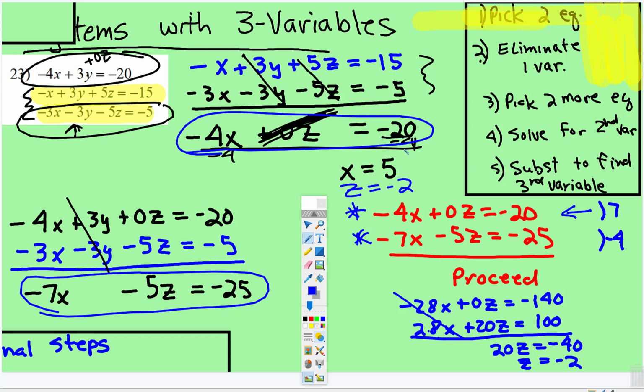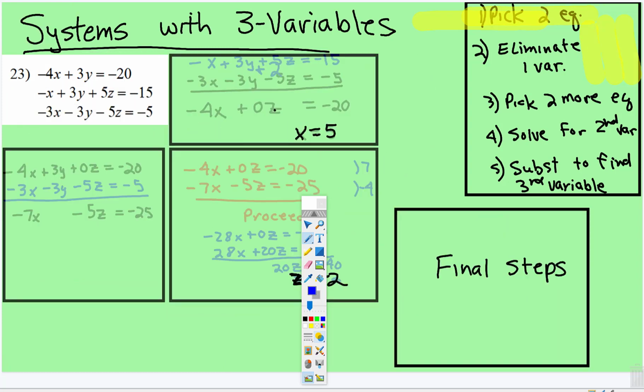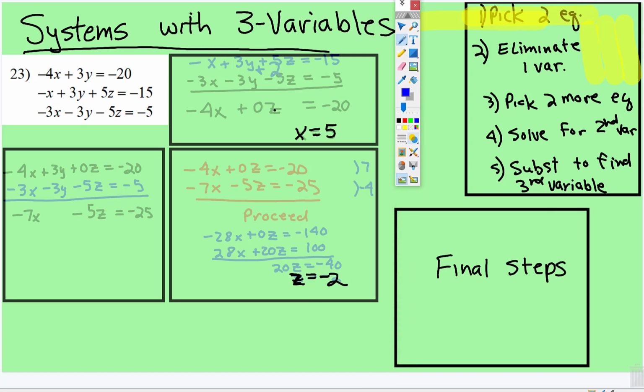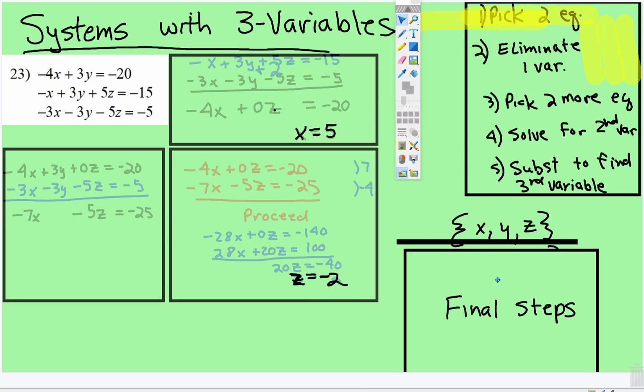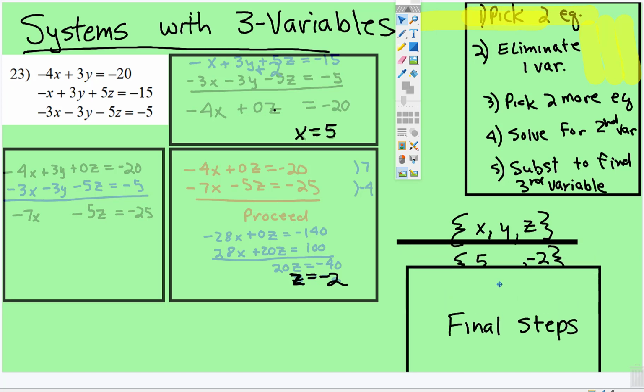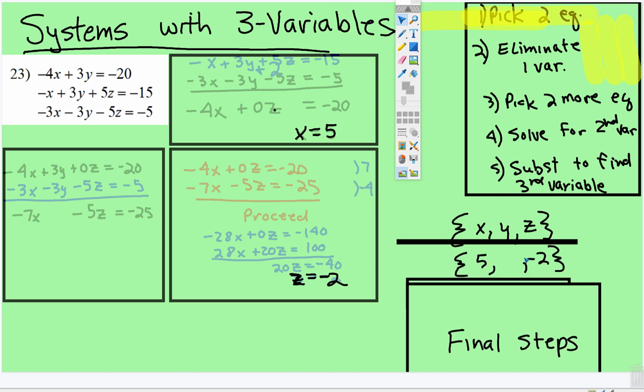And now that we have two of the variables, I'm going to come over here. So we've done all this stuff. Now that we have two of the variables, of our x, y, and z, we have our x, we have our z. We can just take one of the equations here and substitute in the x and the z, or in this case, we could just substitute in the x and solve for y.